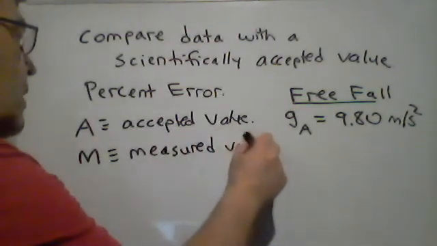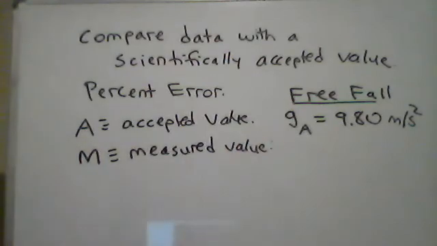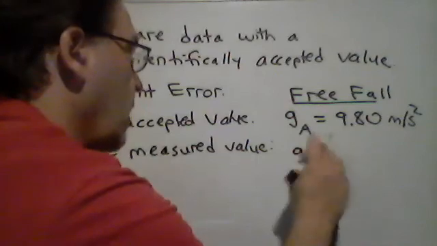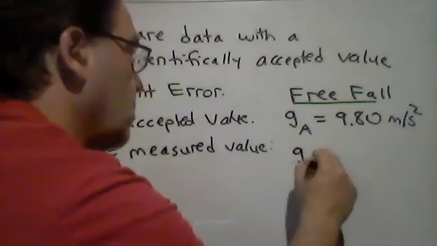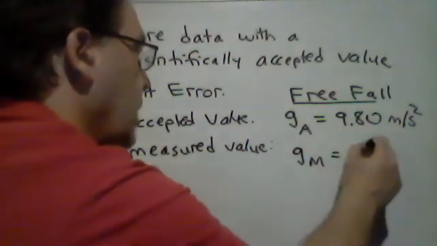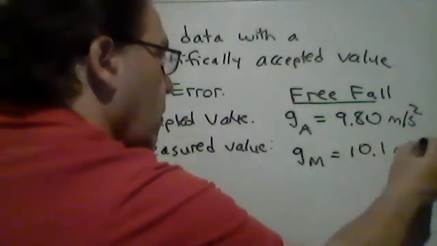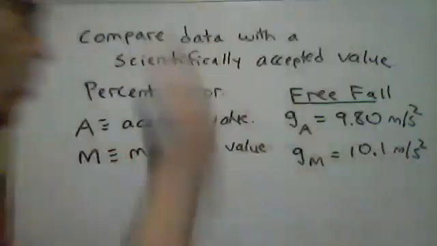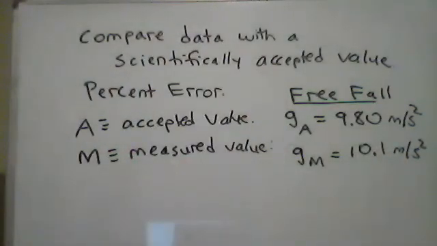You go to the lab and you do all your analysis, and let's say G sub M for measured, I found out that I got 10.1 meters per second squared. So I don't have very good instruments, and you'll probably do worse than 10.1 actually. Well, how do I compare with a scientific accepted value?